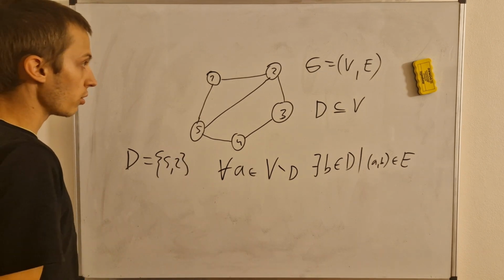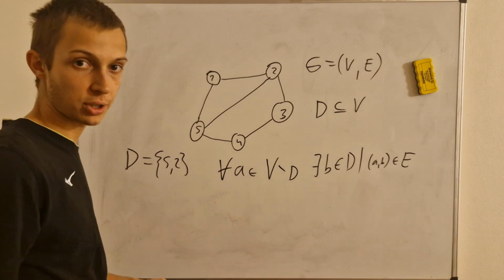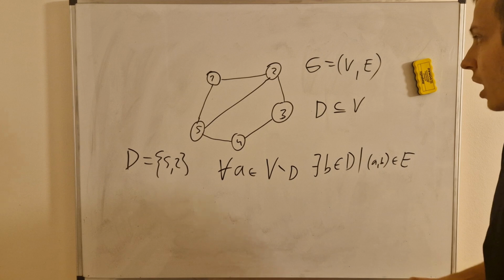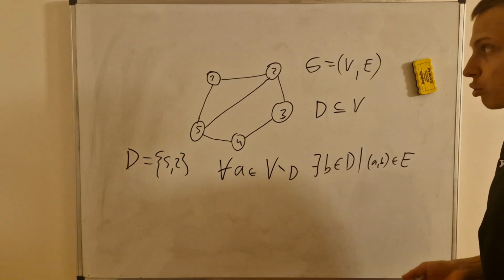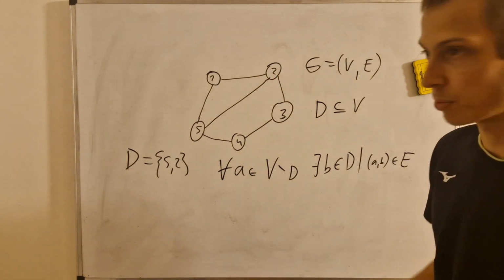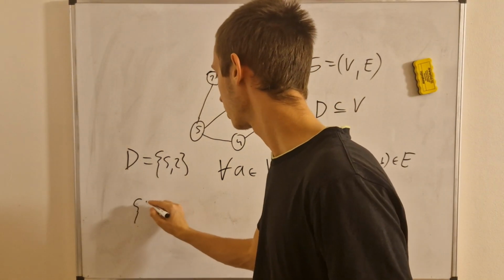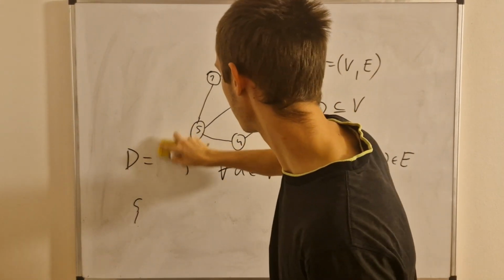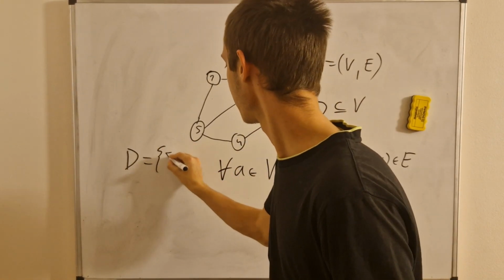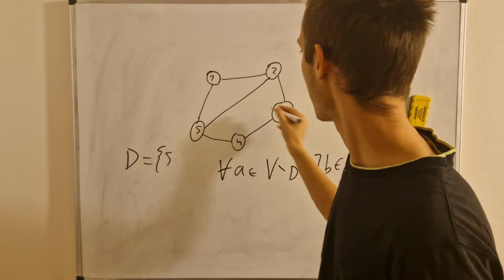But that's not all the possible options. Let's see. So 5 and 2 was the first idea we had. Now we could also try, for example, 3 and 1. So that could also be a possibility. So I'll remove the 5 and 2 not to have too many examples at once. So we have 3 and 1.